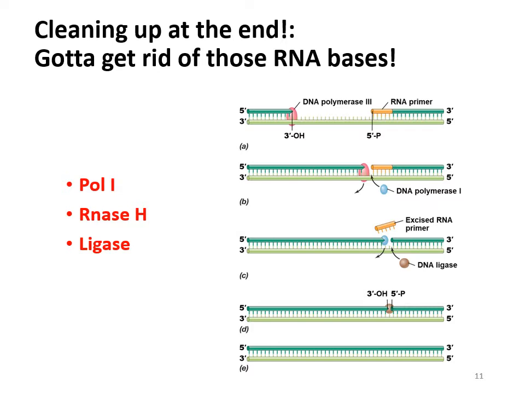Pol 1, which is a polymerase, then replaces those bases with DNA bases. The last thing to happen is ligase, which serves as a little glue, will fill in any gaps in the backbone. So the ligase will basically glue in the new DNA bases. Okay, so again, what happened was the RNA gets removed, it then gets replaced with DNA bases, and ligase then does the final gluing of the backbone to fill in the gaps.